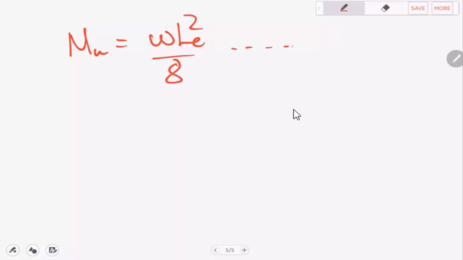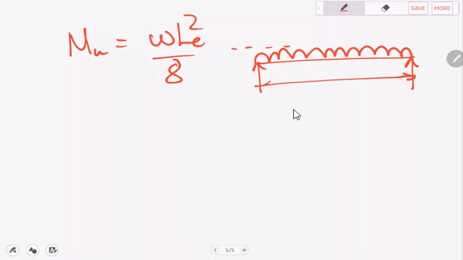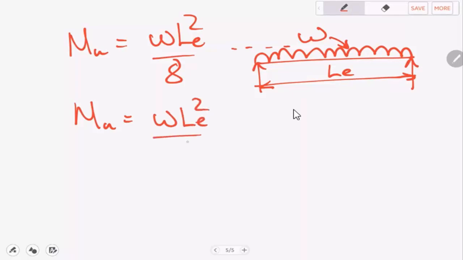So this is a situation for a case like this, where we are having a UDL and the distance between supports is that, and omega is the uniformly distributed load per meter. Right. Then MU is equal to omega LE squared over 8 plus PL over 4.